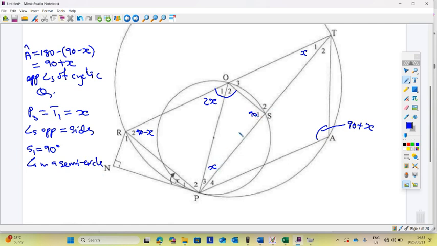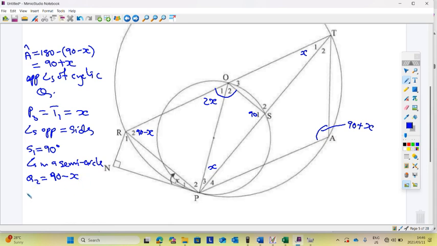If this is x and this is 90, how do we get Q2? Your Q2 here is 180 minus 90 minus x, that is 90 minus x, right? So this is 90 minus x.